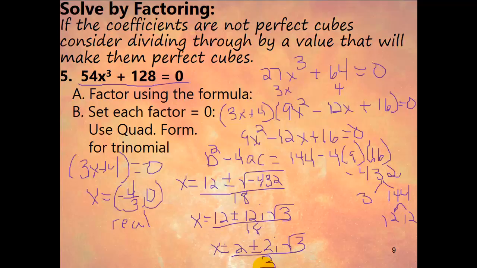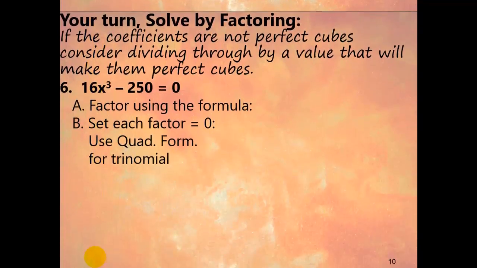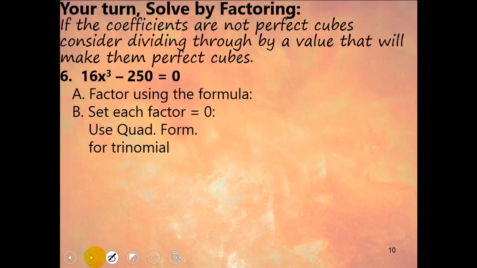All right, so here's what we're going to work on tomorrow. Why don't you try this one on your own and come back and take a peek. I'm going to divide it by 2. That's going to give me 8x cubed minus 125 equals 0.